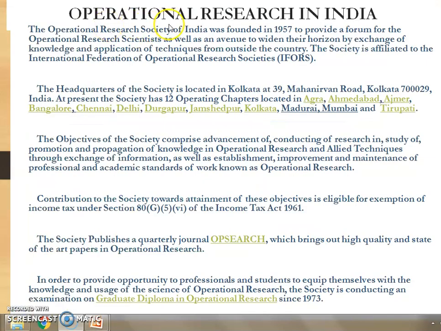Now let us discuss the status of OR in India. In India, the Operations Research Society of India was founded in 1957 to provide a forum for operational research scientists as well as an avenue to widen their horizon by exchange of knowledge and application of techniques from outside the country. The society is affiliated to the International Federation of Operational Research Societies.